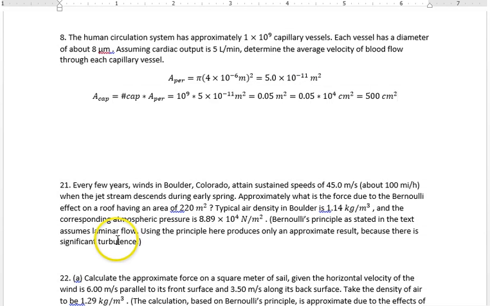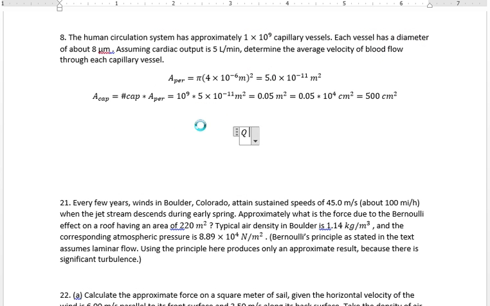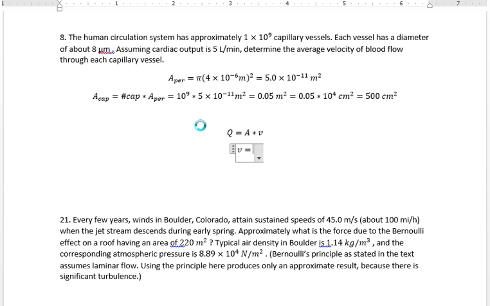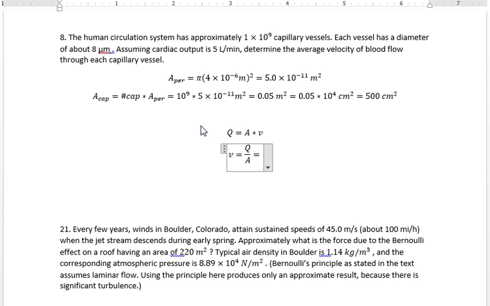So now we've got 5 liters per minute. Determine the velocity of the blood flow. Well, they've given us the flow rate, which is the area times the velocity. We have the area, we have the flow rate, and we're looking for the velocity. Velocity equals the flow rate divided by area. So that's 5 liters per minute divided by the area, 500 centimeters squared.